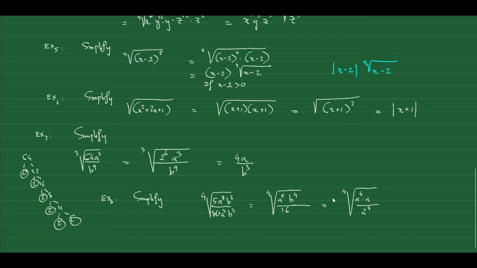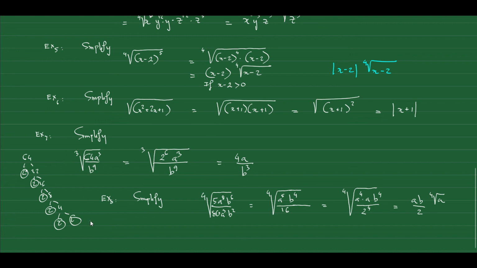So 4 goes into 4 for b^4, 4 goes into 4 for a^4. This gives you 2ab outside, and inside you have the fourth root of a. Pretty easy, right? It's nothing really that bad over here. You have to split it up some way so that you can do the division evenly, right?